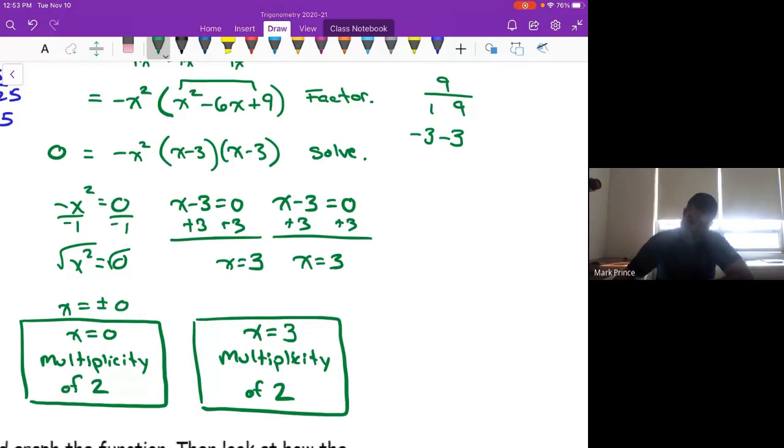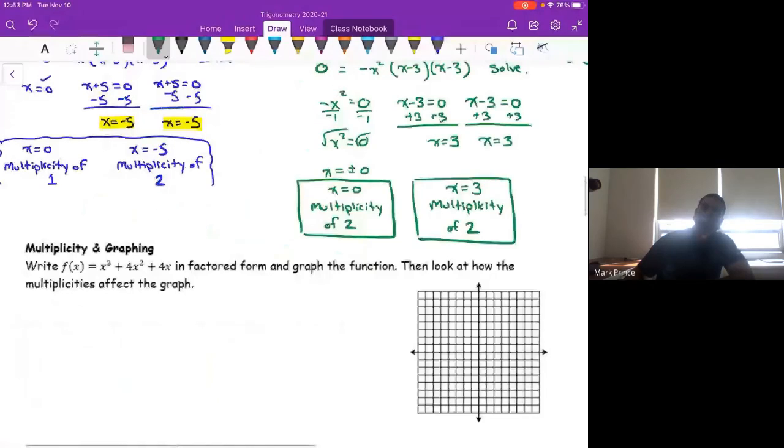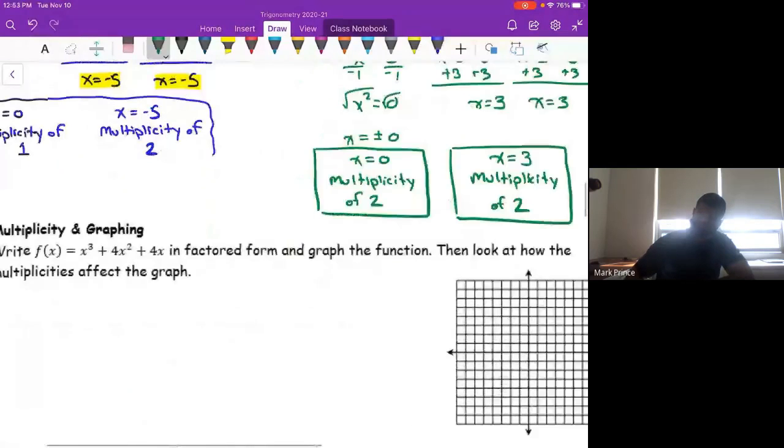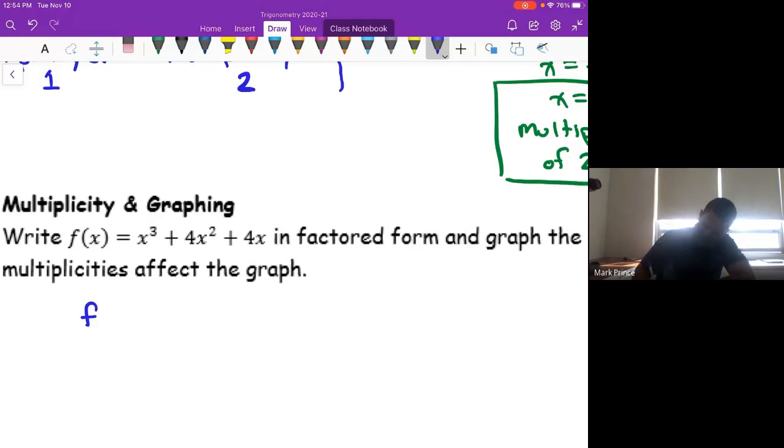Now, graphically speaking, we're given the function. Let's see, you guys catch up to my screen. f of x is equal to x cubed plus 4x squared plus 4x.